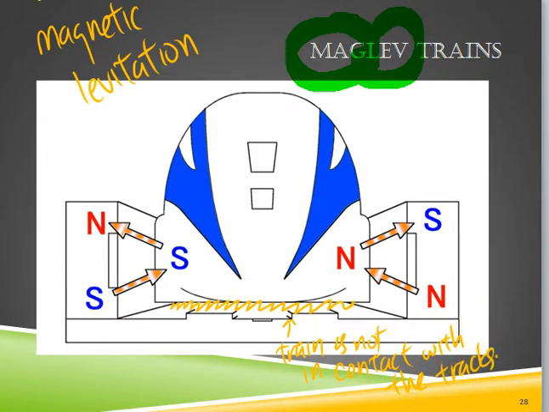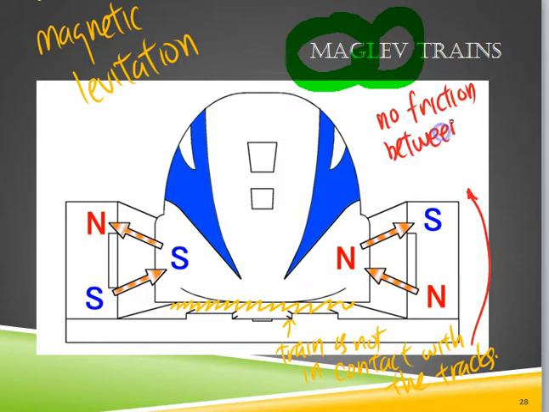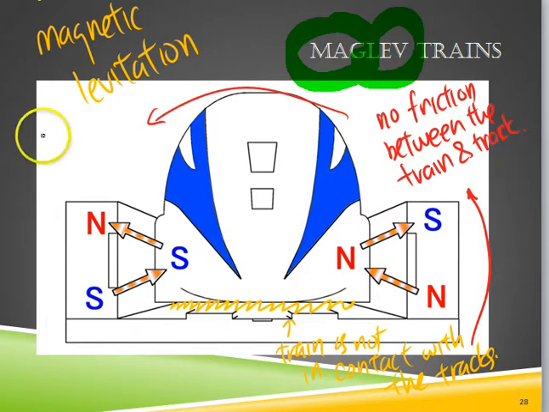Okay, what does it mean? Actually, this is big stuff. It means that there's no friction between the train and track. Okay, but the next question is there still friction? Yes, there is.